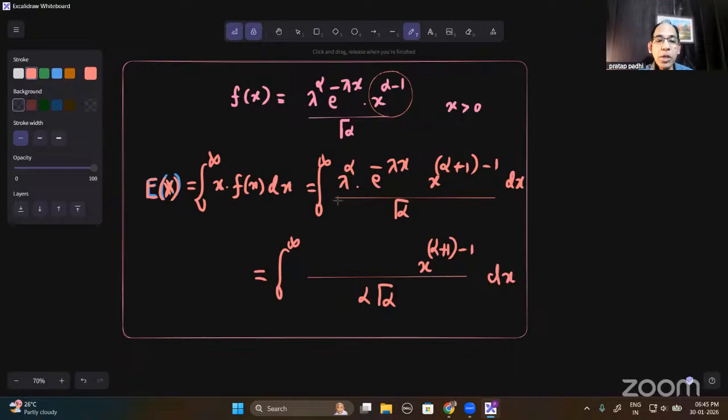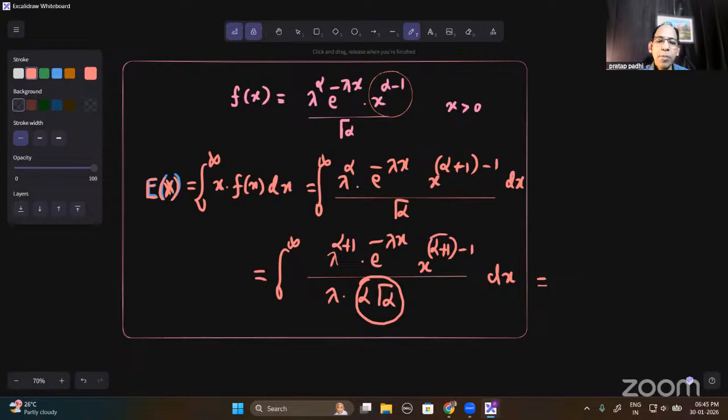Then I want here alpha plus 1 also, lambda^(alpha+1). I multiplied by lambda, so I will divide by lambda. Then I write e^(-lambda x). This alpha plus 1 will be my new alpha.